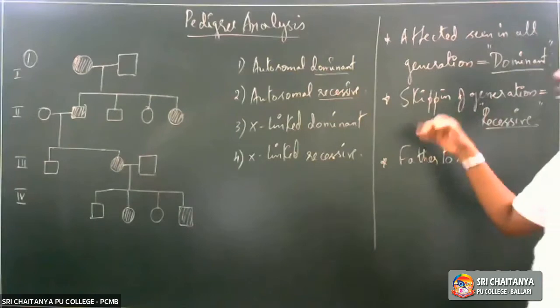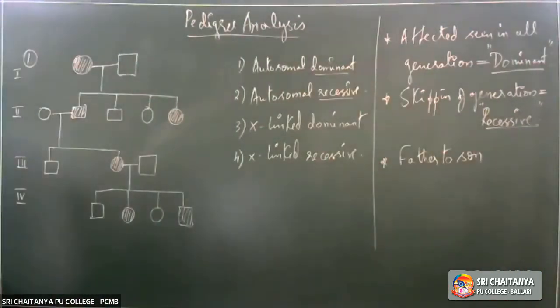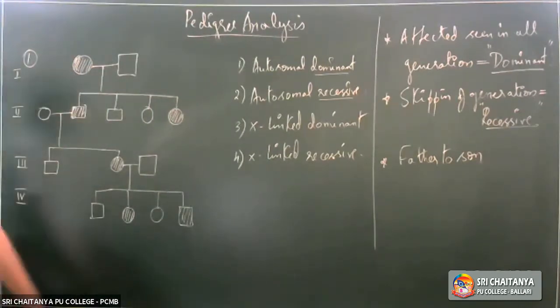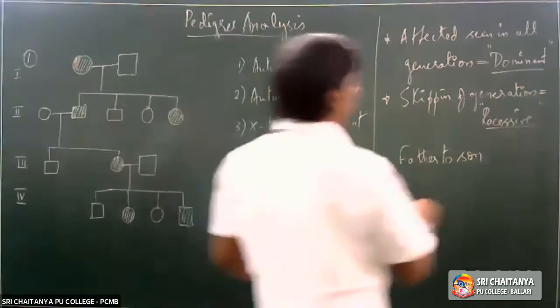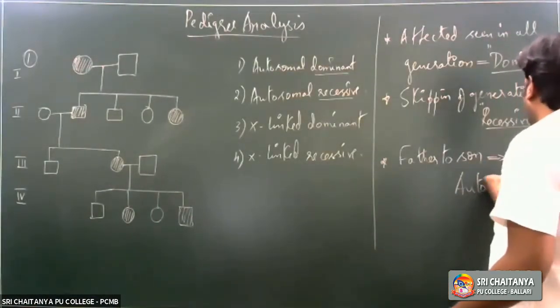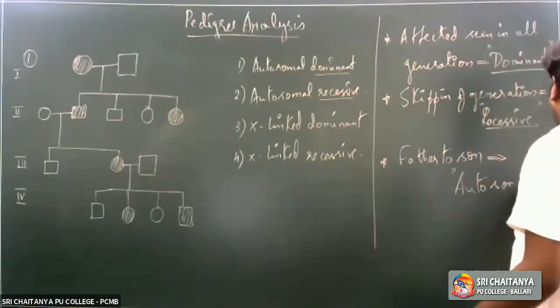If the disease condition is passed on from the father to the son, such a condition we start calling autosomal. So it would be an autosomal mutation.